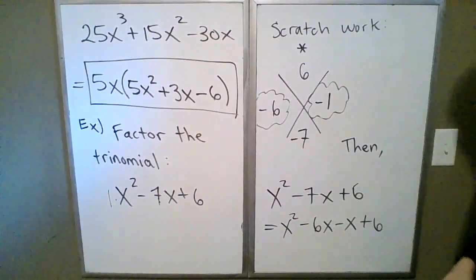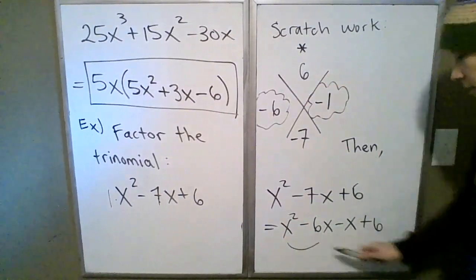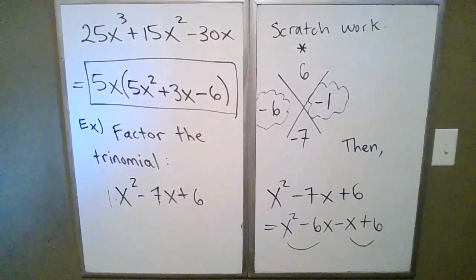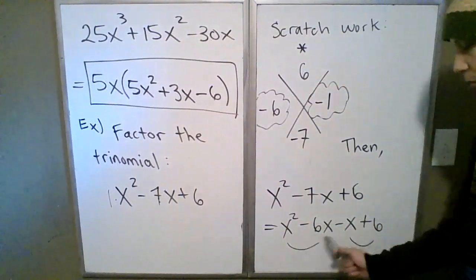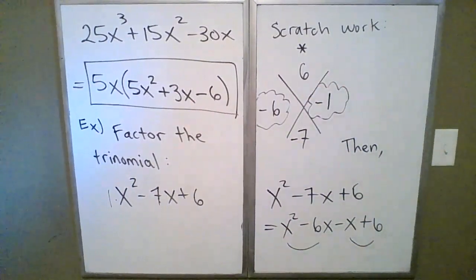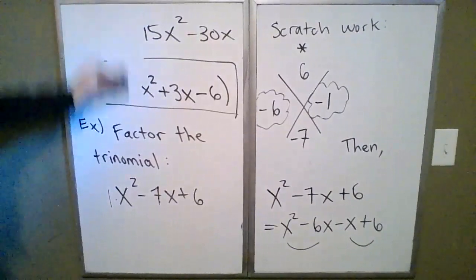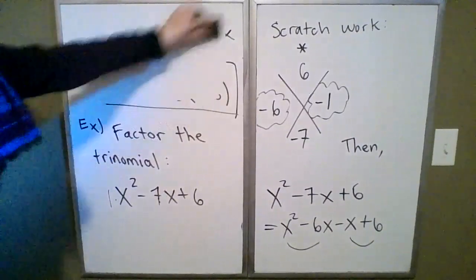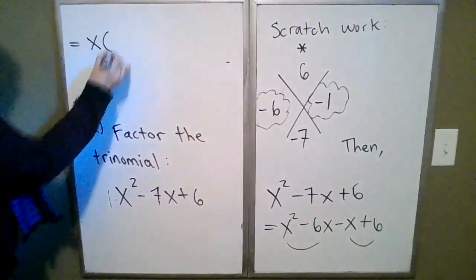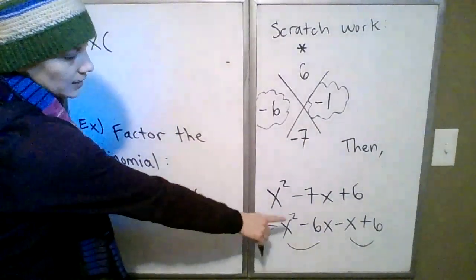And now we can group the first two terms, and we can group the last two terms. From the first pair, factor out x. We leave an x minus 6.